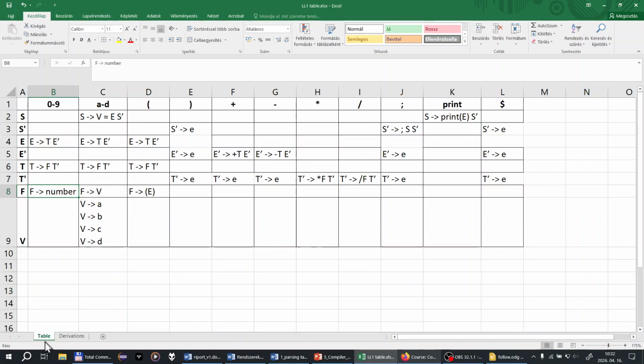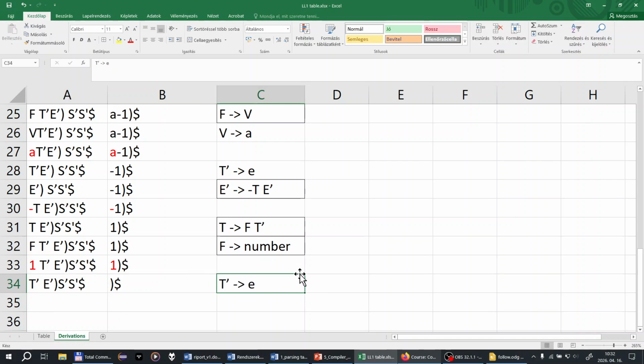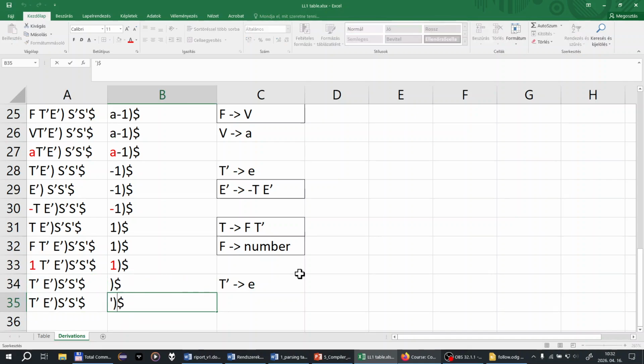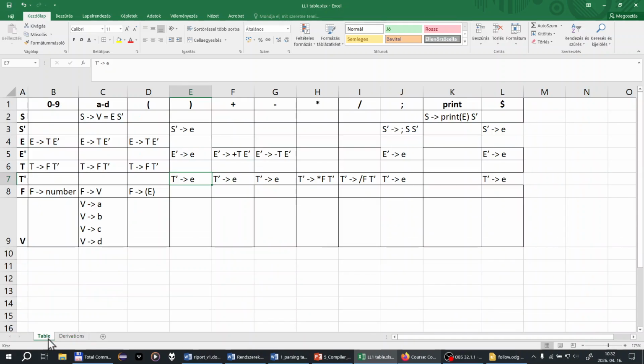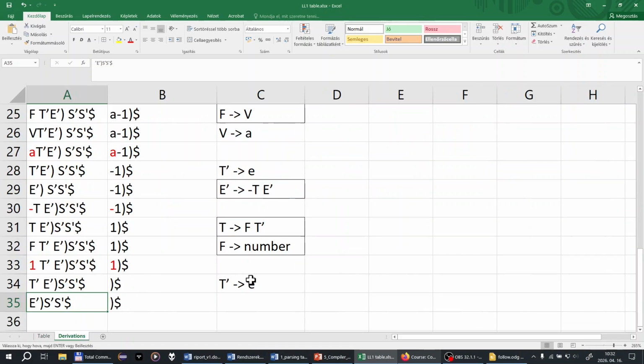So for the T prime and closing bracket, T prime to empty, so it is eliminated. And then E prime and closing bracket, E prime to empty, so it is eliminated again.